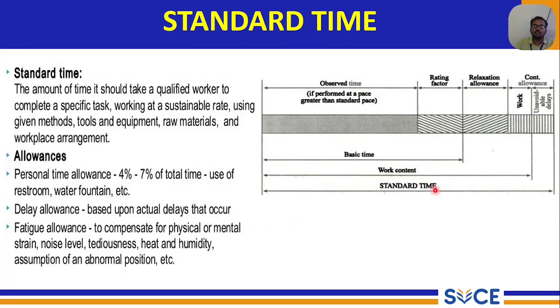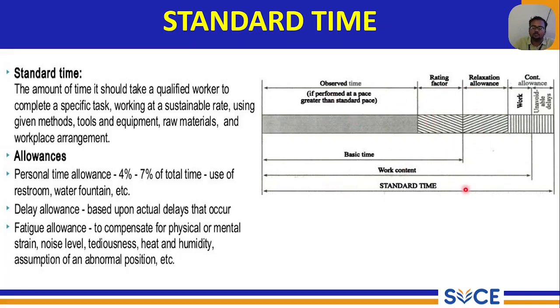So how do you calculate your standard time? Standard time includes your work content and your basic time. You could see that the observed time is not going to be the standard time by itself, because observed time is what you record if a particular worker is performing at a pace different from the standard pace. You also include your rating factor, a scale of rating, then you add your relaxation allowances, and that will give you your work content.